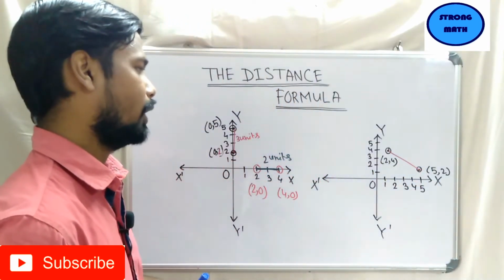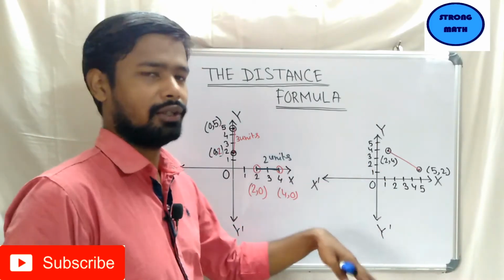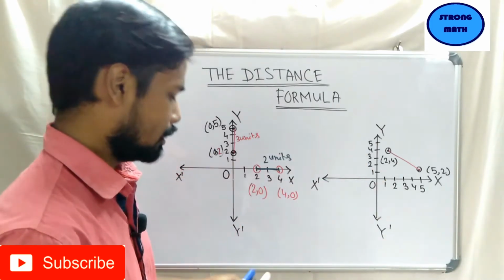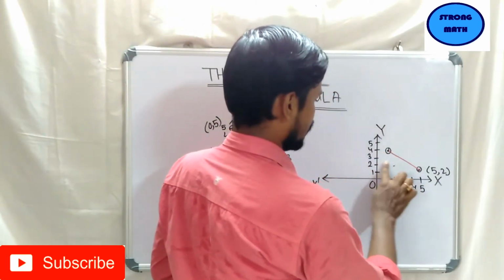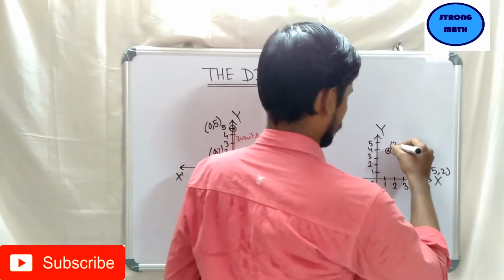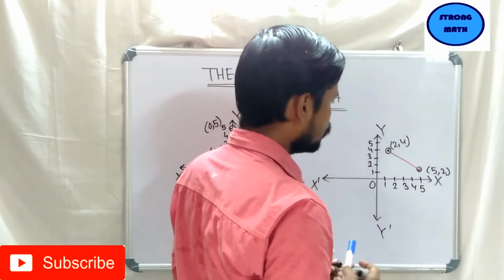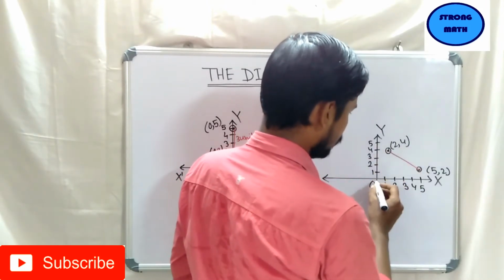Okay, then how to find the distance between these 2 points if they are not lying on the same axis? Let's write down the coordinates of this point, 2, 4. We want to draw a right angle triangle. That is, how to reach this point?